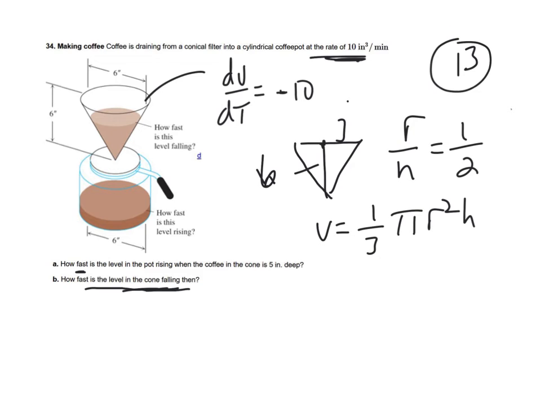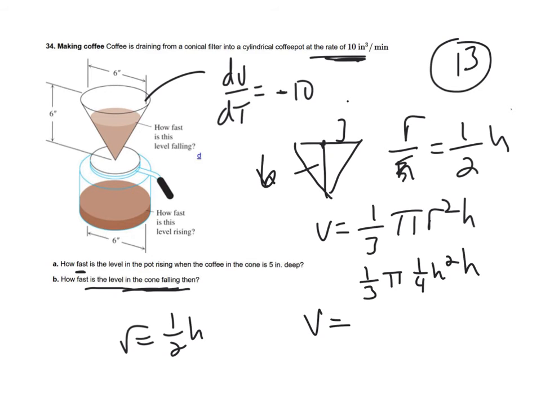So won't r be equal to h over 2? r equals h over 2, or 1/2 h, because if I multiply by h to move it away from the r, right? And now it's squared, so isn't that going to be 1/3 pi times 1/4 h squared times another h? So the volume equals pi over 12 times h cubed. There we go. Now we've got a formula for the volume in terms of h.